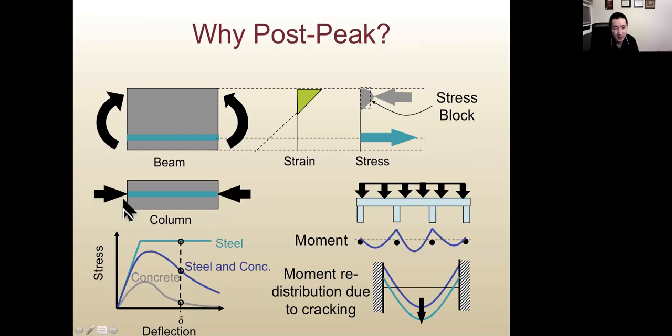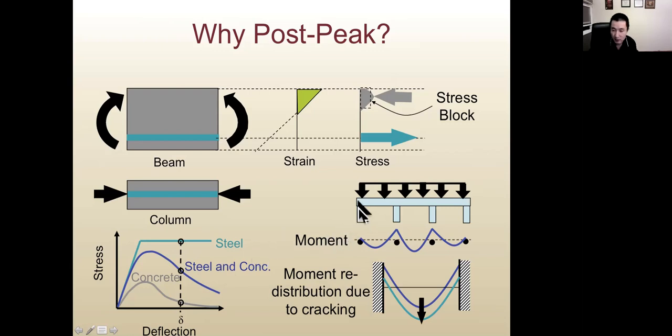And here shows a reinforced concrete beam. The concrete still works together with the steel to take the load, even at some deflection levels where the concrete has passed the peak stress.